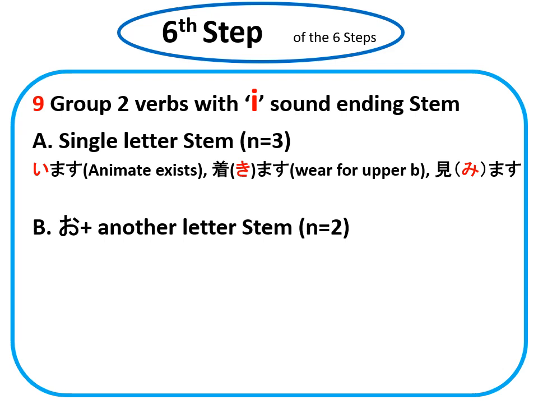The second category of second type of group 2 verbs have a 2-letter stem, and the first letter is o. So o something. Okay. I want you to remember 2 verbs of this category.